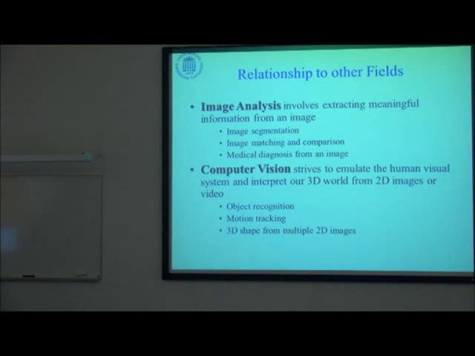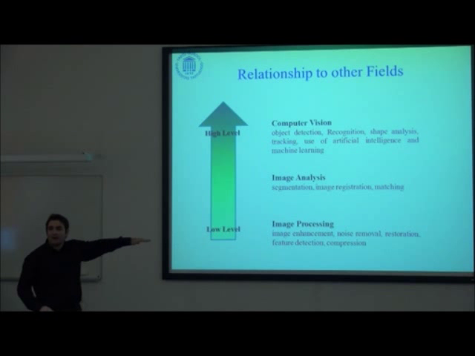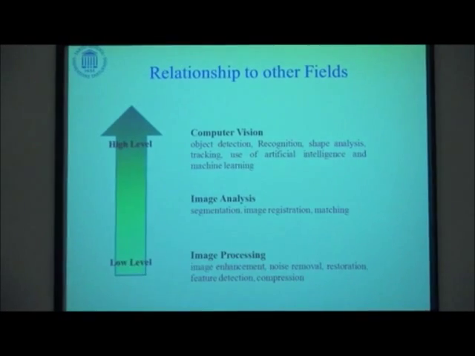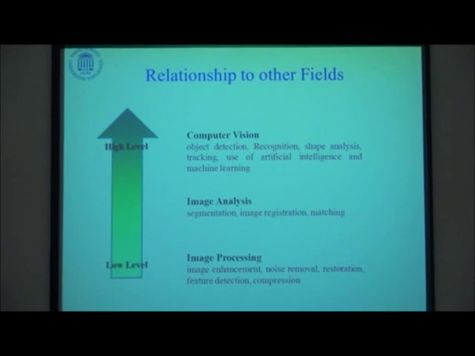Now, if we go to the next slide, we can see that image processing is actually a low level of processing of an image. We have image analysis at the intermediate level, and the high level is computer vision. But when you do research in image processing, you will see that you are actually doing image processing, image analysis, and computer vision at the same time.